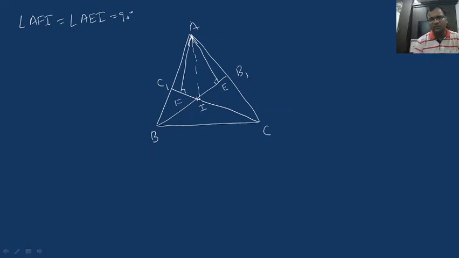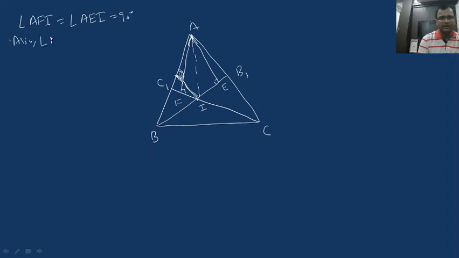Now there is also a role of point D. We are given that the incircle of triangle ABC touches the side AB at point D. Suppose D is somewhere here. This is the point D. If we join point D to the incenter of the triangle, D is actually the point of tangency of the incircle with the side AB, then also this angle is 90.